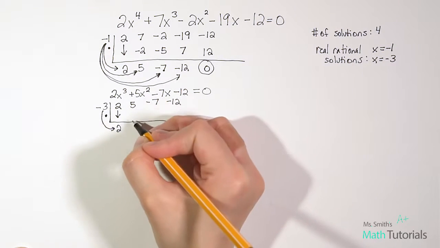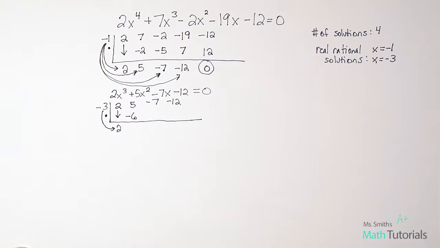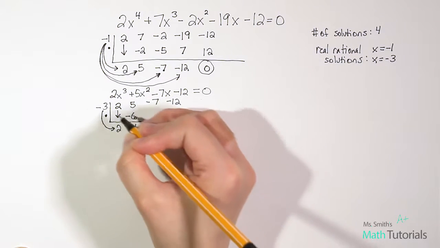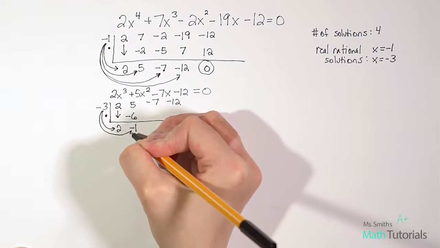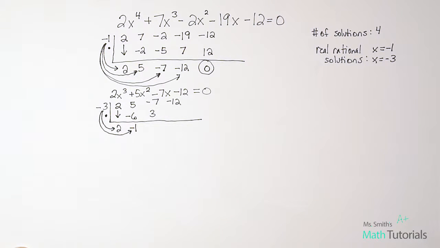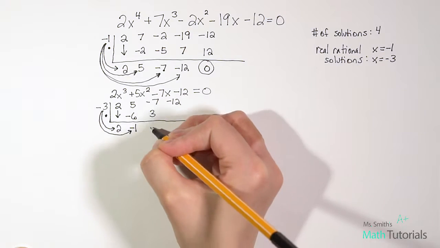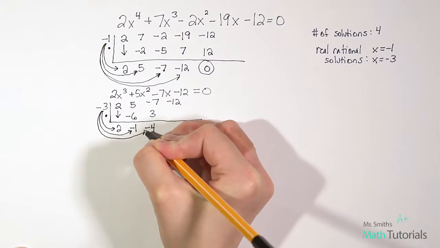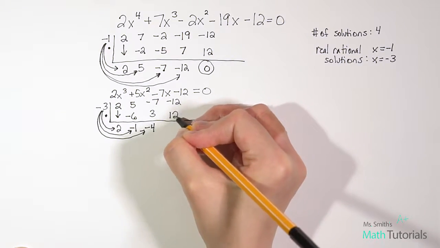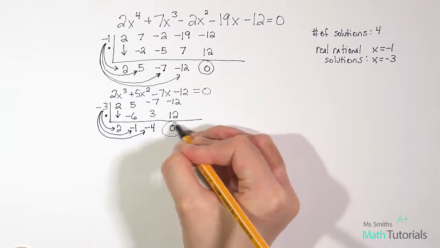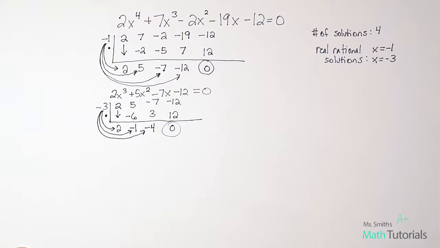So -3 times 2 is -6. 5 minus 6 is -1. -3 times -1 would give me a +3. -7 plus 3 would give me a -4. And then -3 times -4, that would give me a +12. And -12 plus 12 is exactly what I want, a 0, a remainder of 0.